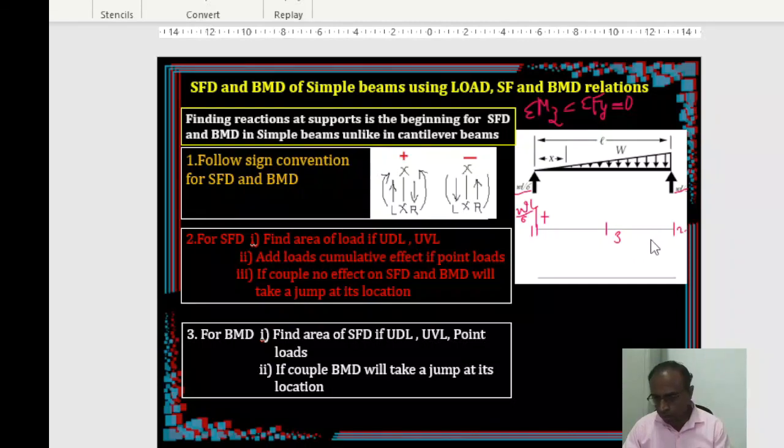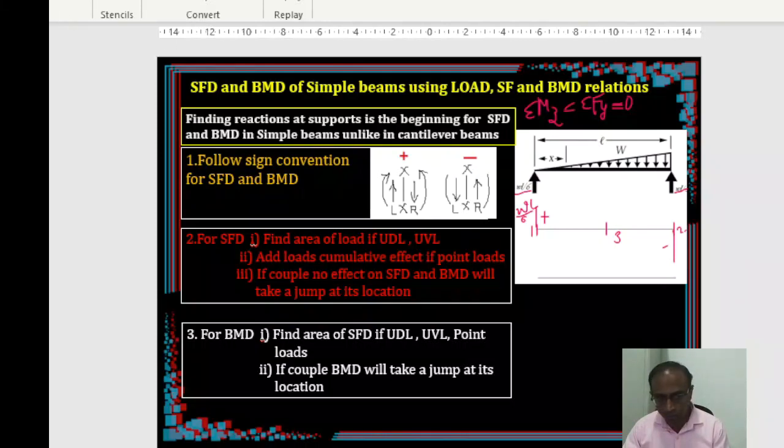Okay, then you mark the ordinate on the other side also. This also, when you are moving from right to left, that means you are on the right of the section. At the right of the section, the upward is negative, right? So you mark this as negative and the component value is minus WL by 3.